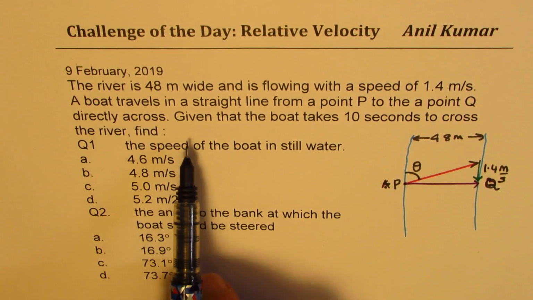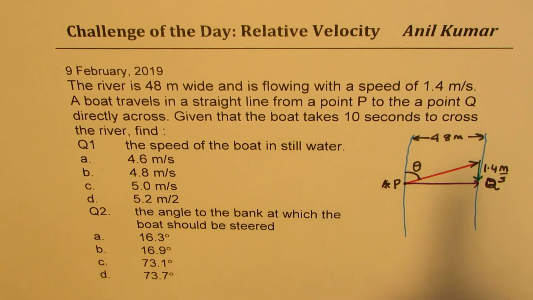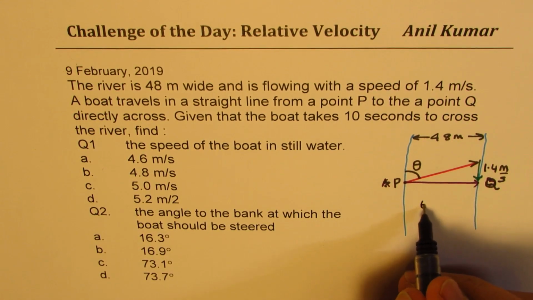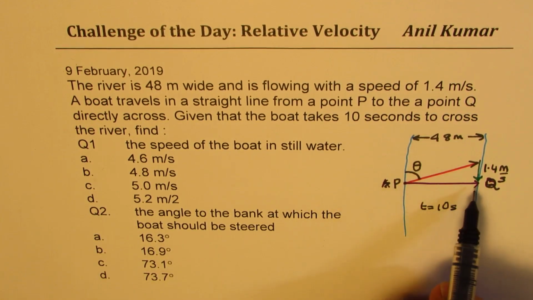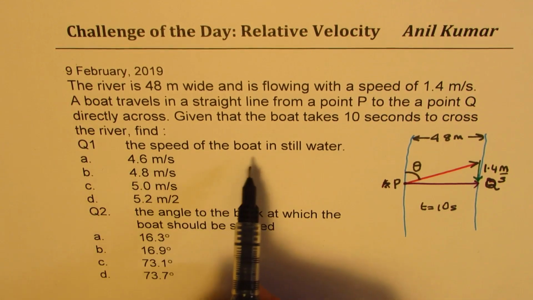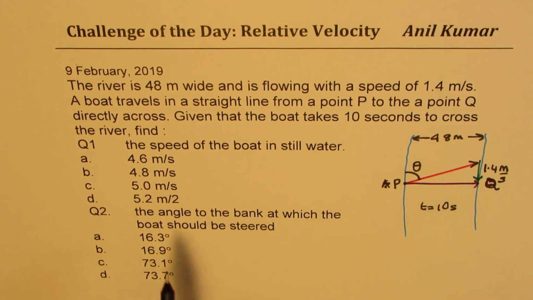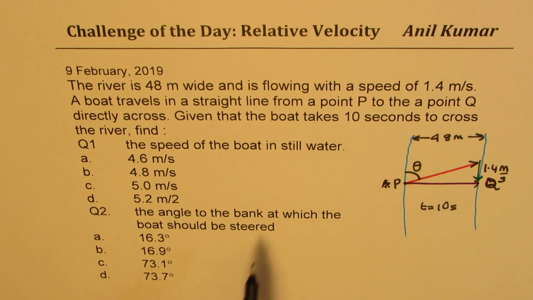Directly across. Given that the boat takes 10 seconds, so this time taken T is 10 seconds to cross the river, find the speed of the boat in still water. And the second question was the angle to the bank at which the boat should be steered.